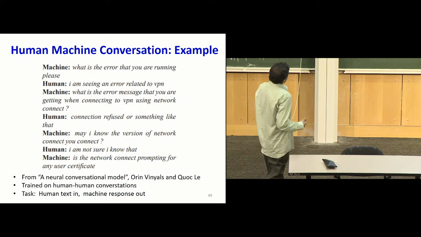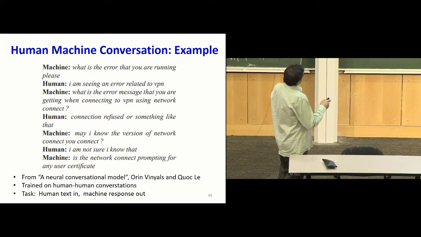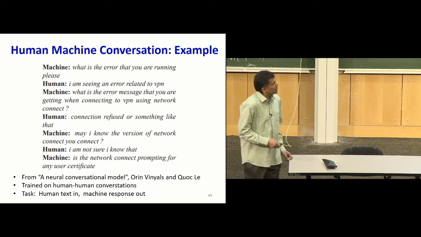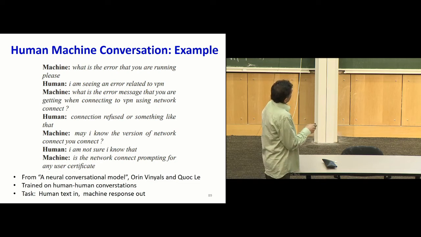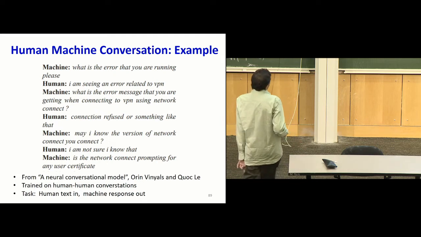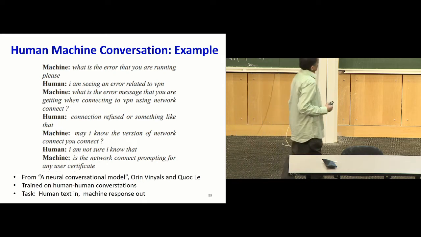What is the error that you're running, please? The human says, I am seeing an error related to VPN. Observe the machine's output. What is the error message that you're getting when connecting to VPN using Network Connect? So see the appropriateness of the response. The human responds, connection refused, or something like that. And now the machine actually knows to produce, may I know the version of the Network Connect you connect.